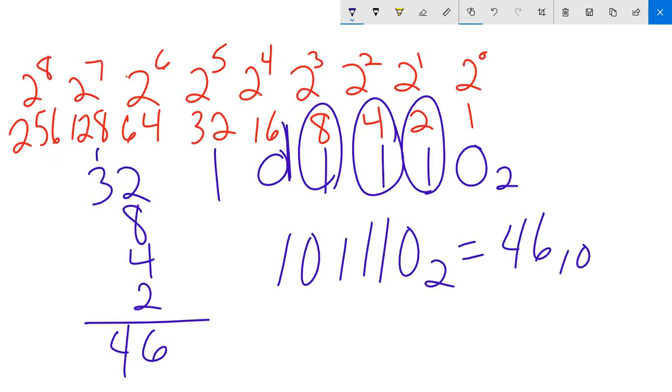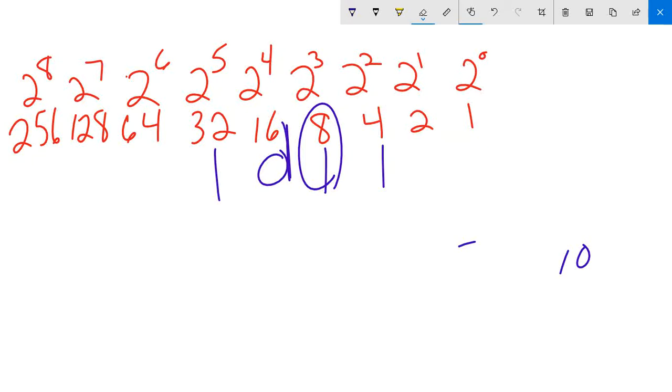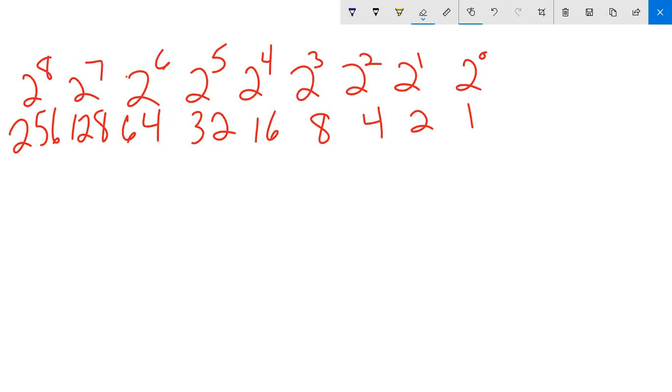Okay? Let's do the next one. And I think I can use a lot of this chart. Let's see how I can erase here. Oh, it's erasing very nicely. Excellent. Okay, so I'm going to use that same chart I did before.